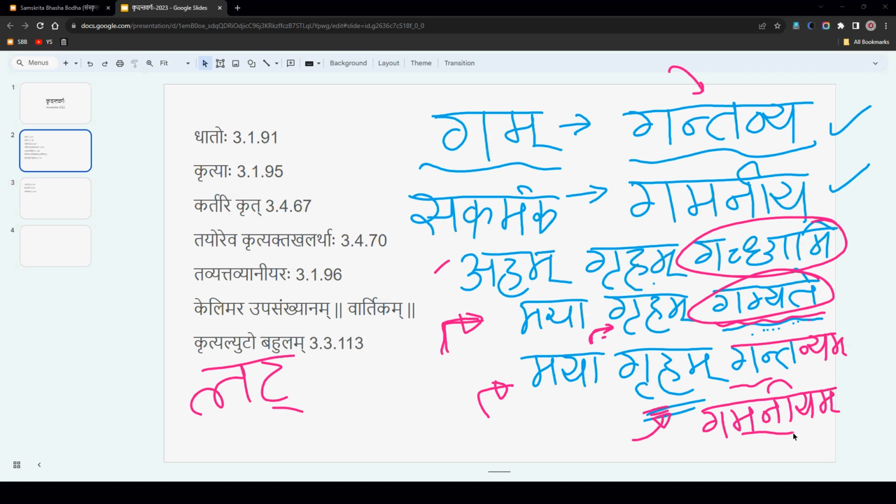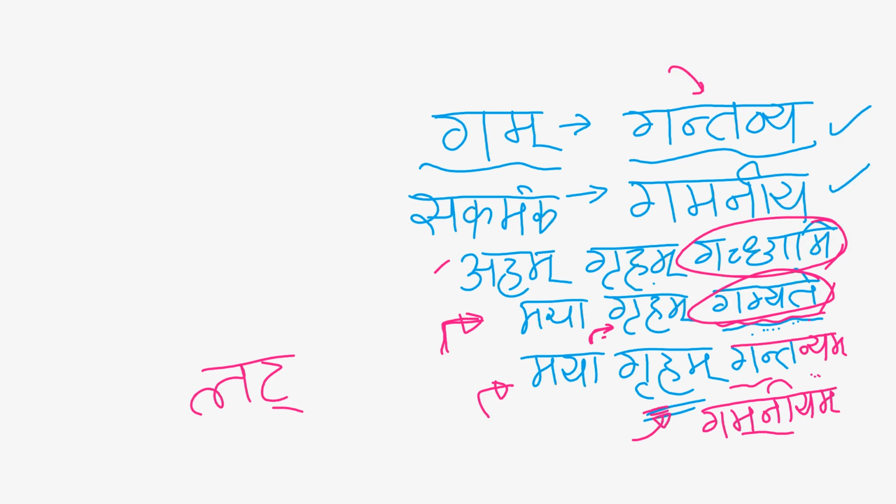So these are not substitutions for gamyate or gacchami, but for the vidhiling form of the kriyapadam. If you put aham graham gacchami in vidhiling form, what will be the form?